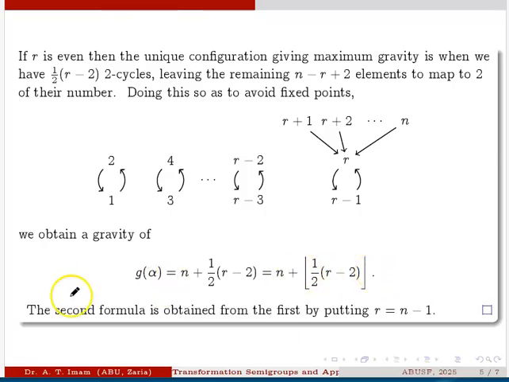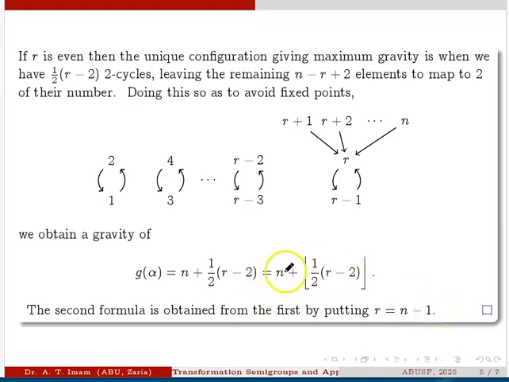But the second formula, that is the other formula counting the number of gravity for the entirety of the elements, not necessarily of height r in the set of size n, is obtained from this particular formula here by simply substituting r to be equal to n minus 1.